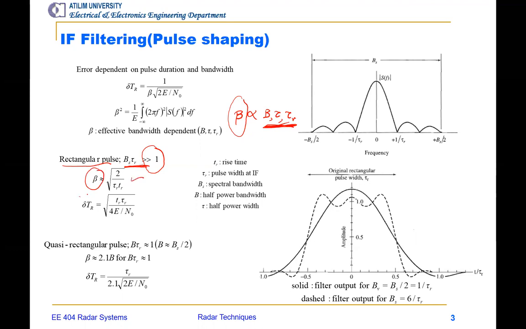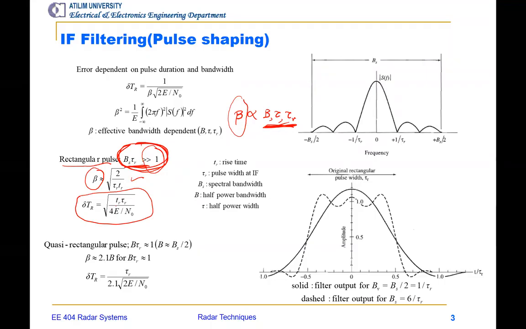And then RMS error becomes like that. Okay? So if we got a rectangular pulse with these parameters, then we can determine RMS error approximately using this equation.